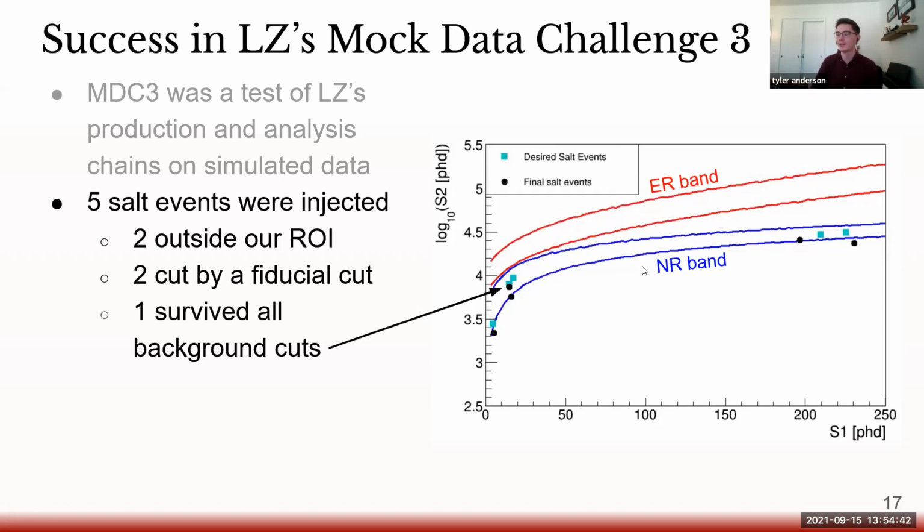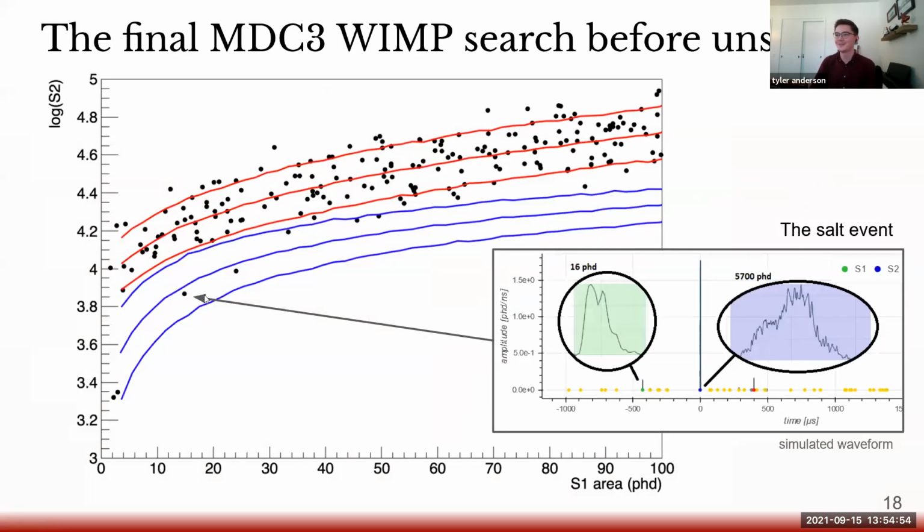They came from that pedestal. 2 were cut out by the fiducial cut as they ended up near the wall. And finally 1 survived all background cuts, and this champion salt event made it to our final log S2 versus S1 plot. So now we've come full circle to our final plot here. This was created without anybody knowing that this single event was a salt event, so we can claim success there. And here's the event waveform.